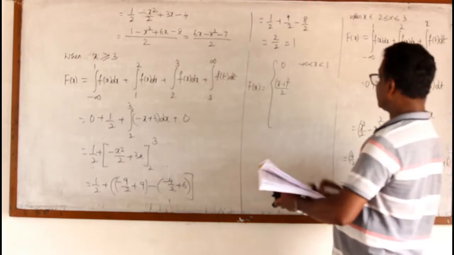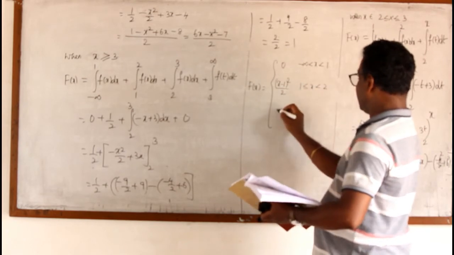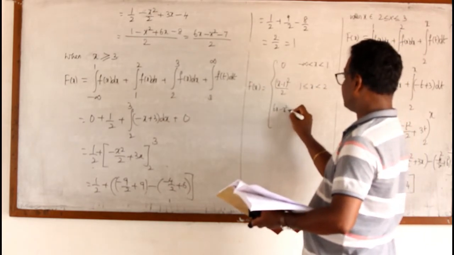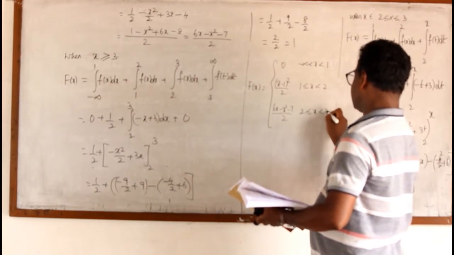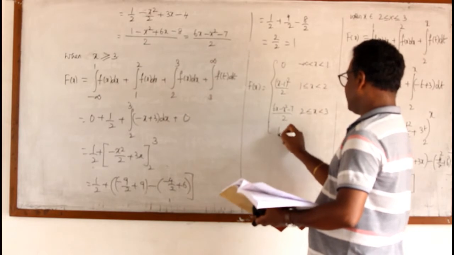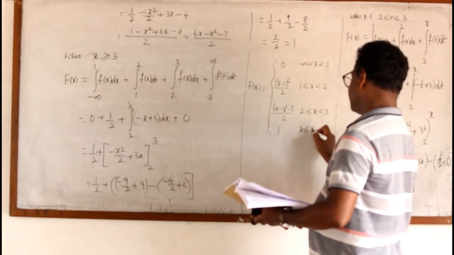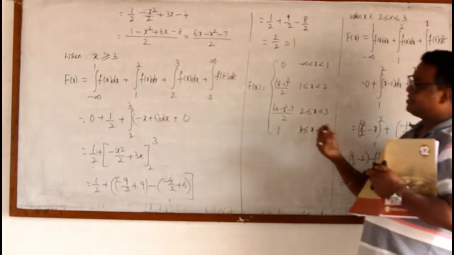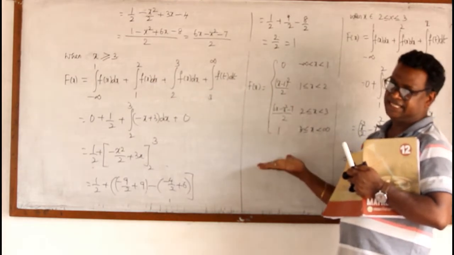X minus 1 the whole square by 2, for 1 less than or equal to x less than 2. And for the third one it is 6x minus x square minus 7 by 2, for 2 less than or equal to x less than 3. And finally it is 1 for 3 less than or equal to x less than infinity. So we did the same thing in our previous exercise also, but here instead of finding probability we have to integrate, that's all.